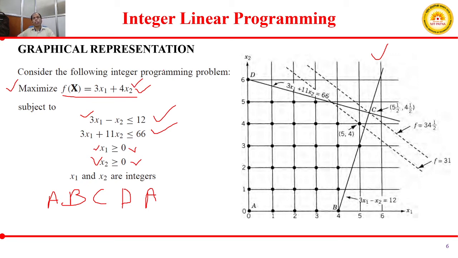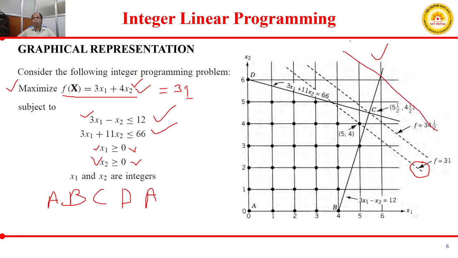In the graphical method, as I told you, we give a certain value to the objective function and try to find the solution by shifting the objective function line. Here, for example, we have drawn the line f equal to 31.